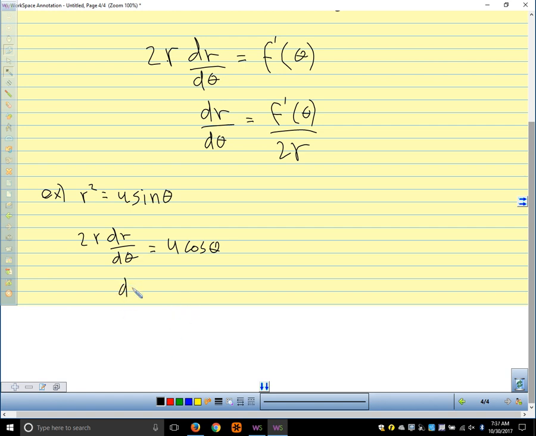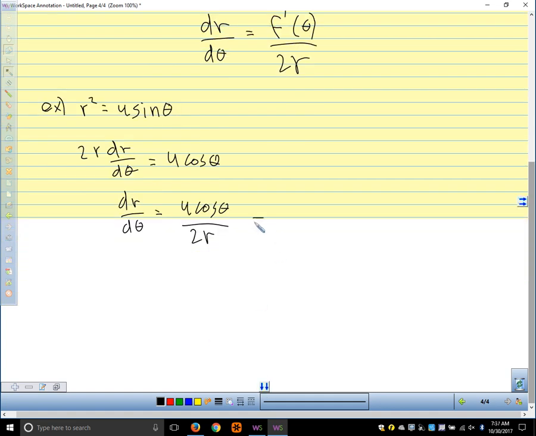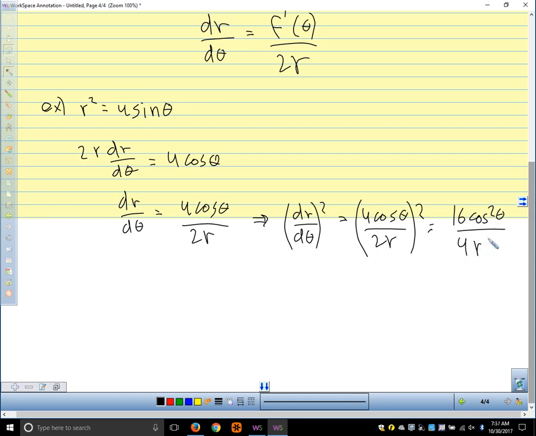So dr d theta is 4 cosine theta over 2r, and dr d theta squared, which we need in our integral, is 4 cosine theta over 2r squared, which is 16 cosine squared theta over 4r squared.